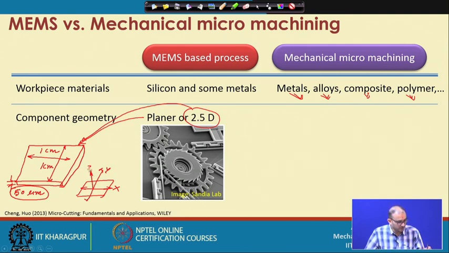Generally we do not consider z as full, but we cannot ignore it either. Because of that it is considered a 2.5D component, or 2.5D geometry. This means the z height is very small, or can be neglected, compared to the planar surface, that is x and y.